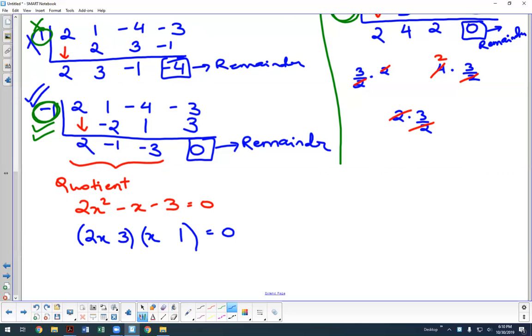The reason we want to put it with the 2x is because we've already done the work and we know 3/2 comes out to be one of our roots, right? So you know that's going to come from this factor. That also means I need to have negative for the 3 and positive for the 1. When I multiply, -3 times 1 gives me -3.